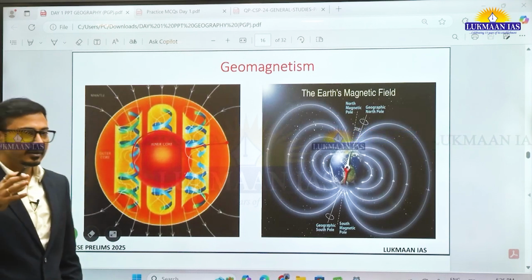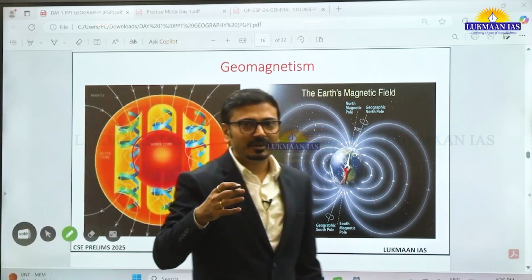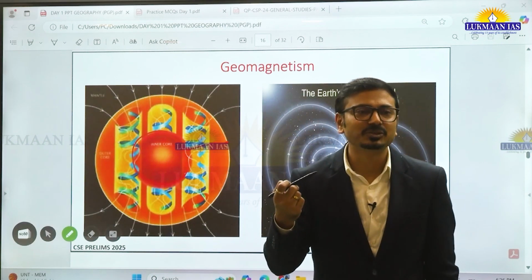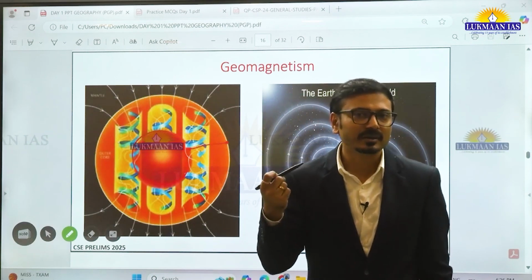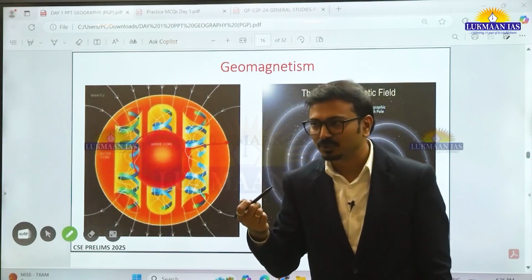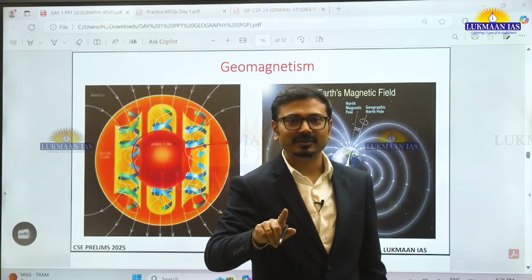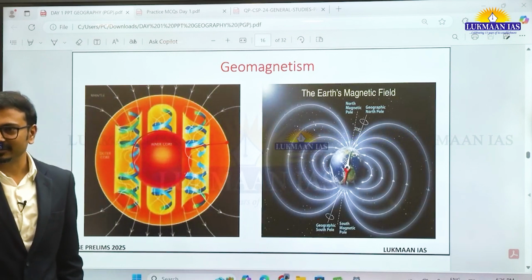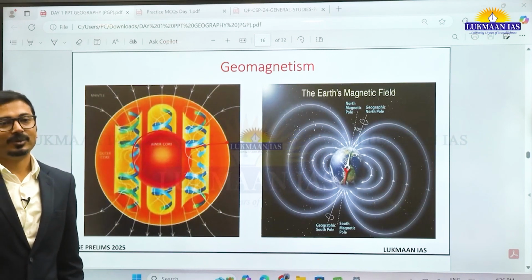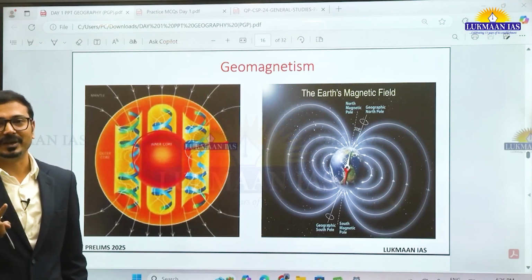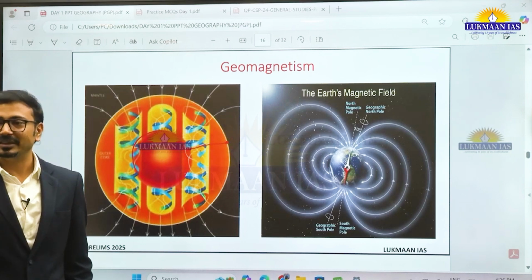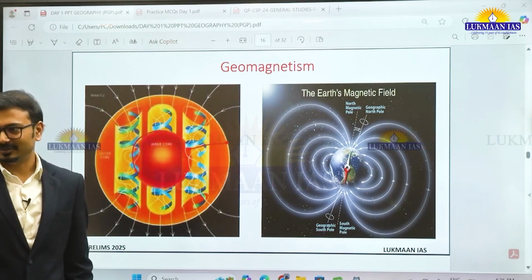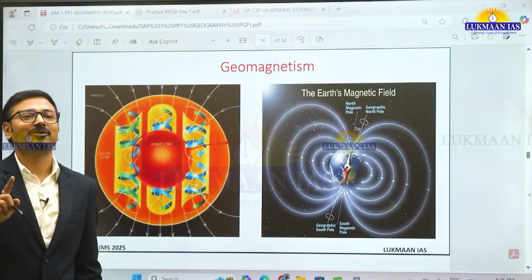Now we have learned this in physics, that whenever the charge is moving, it leads to formation of current. Moving charge is basically current, or current is moving charge, right, in a conductor. Now when that charge is moving in the form of a solenoid, it is going to create a magnetic field around it.